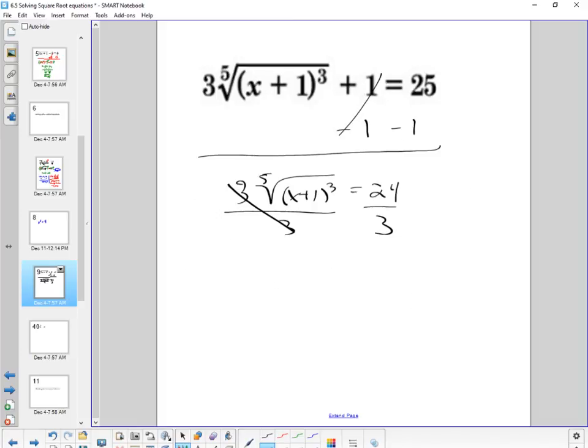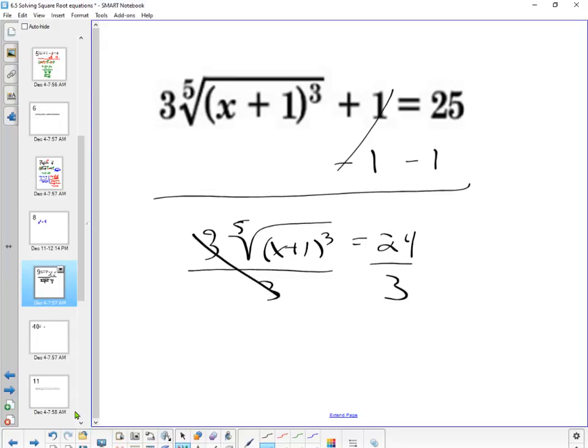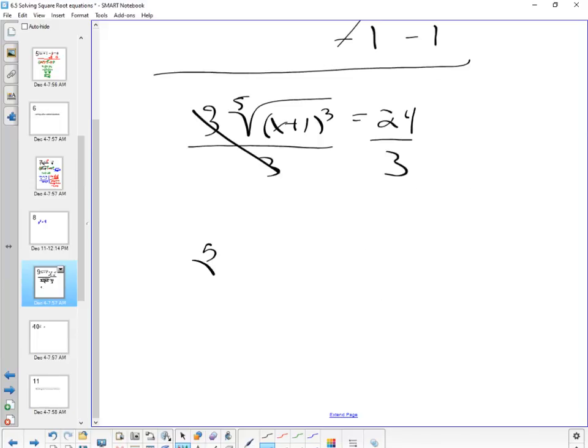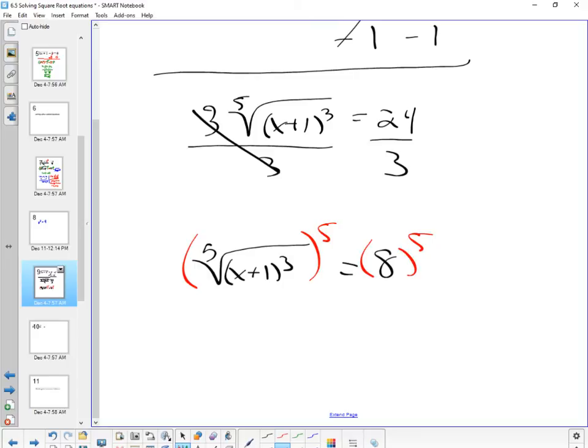That's gone. So Justice, I have the 5th root of x plus 1 to the 3rd. What am I going to take that to what power? Yeah, exactly. I'm going to take that to the 5th power. Does it make more sense now? So these are going to undo each other. I've got x plus 1 to the 3rd.